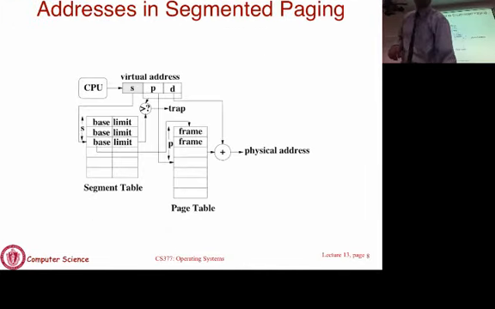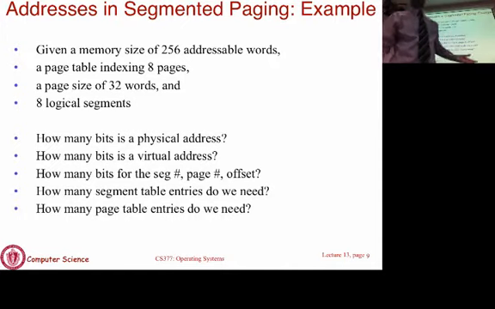The main memory is simply page number and an offset, so you need some additional bits to hold the segment number. This is why the virtual address is going to be longer than a physical address. So how many bits do you need for the segment numbers?